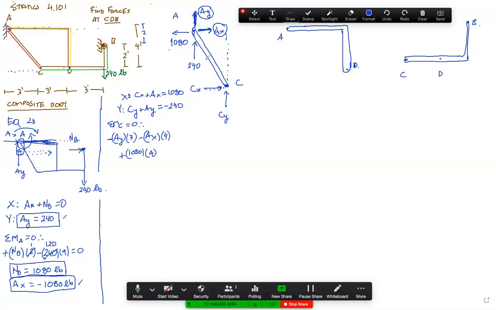And also I will get the 240 times a distance, which is from here to there. It's actually 3. So I'm gonna have that one, equals to 0, and this thing should be negative.